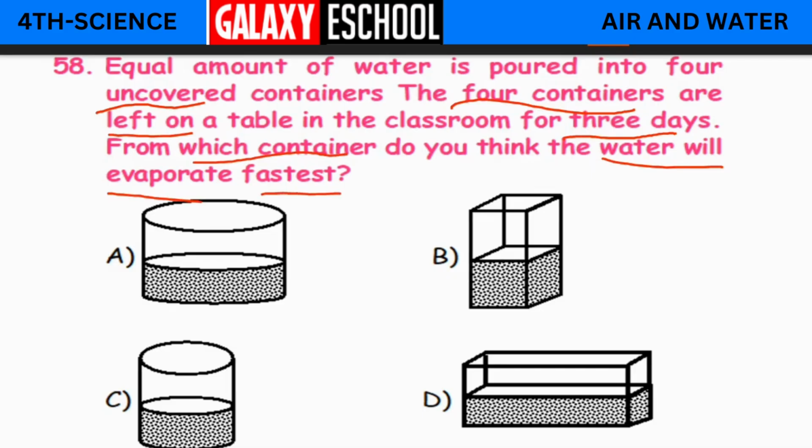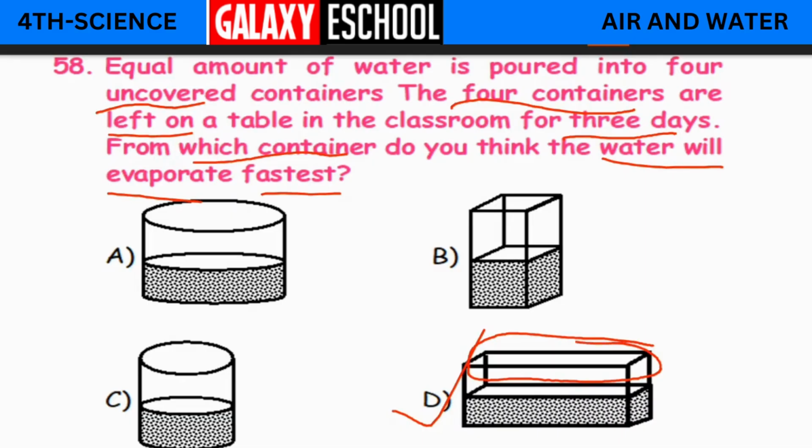There are these 4 containers of different shapes and sizes. So from which container does the water evaporate at the fastest rate? And the answer is D. Why? Because it has a wide opening.